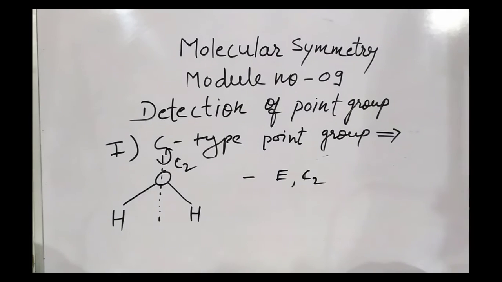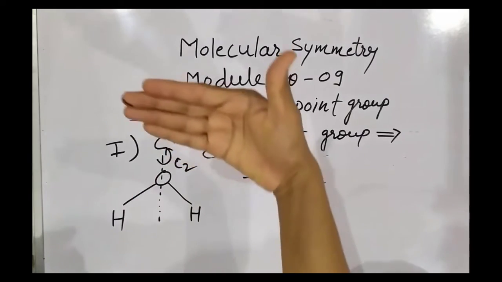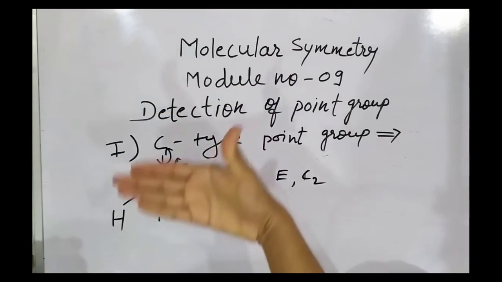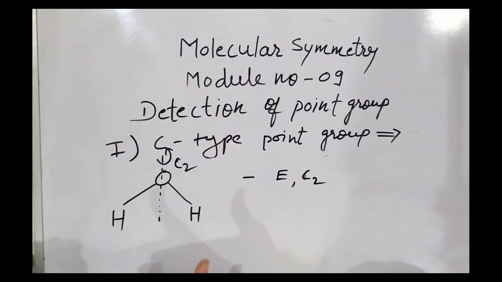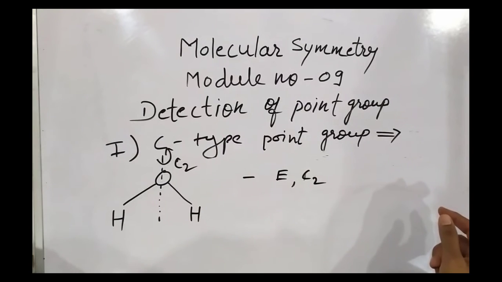There are two planes. One which was passing like this, and another plane which is the molecular plane of this water molecule. And we have seen at that time that both the planes are parallel to the principal axis.